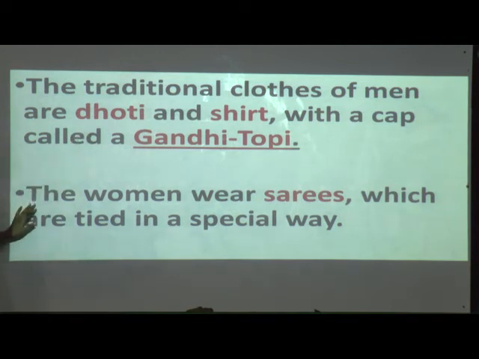What else do women wear? Women wear saris, tied in a special way. What is the Maharashtrian attire? Navari sari. Your mother's and grandmother's generation wear the Navari sari. It is a different style of wearing it.